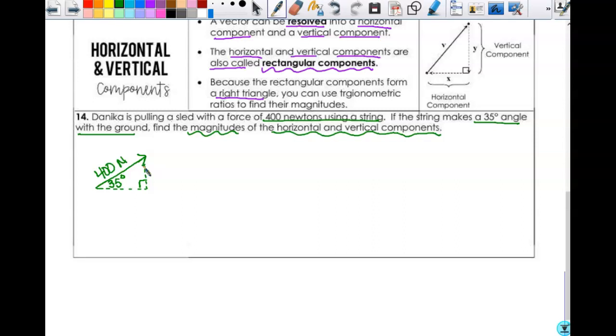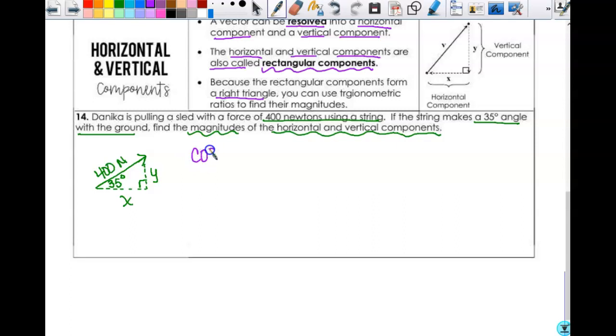So it says we can use the trigonometric ratios. We know that this is our horizontal component, or our x component. This is our vertical component, or our y component. So, if I want to know what x is, the adjacent angle, this is the hypotenuse, so I would use cosine.